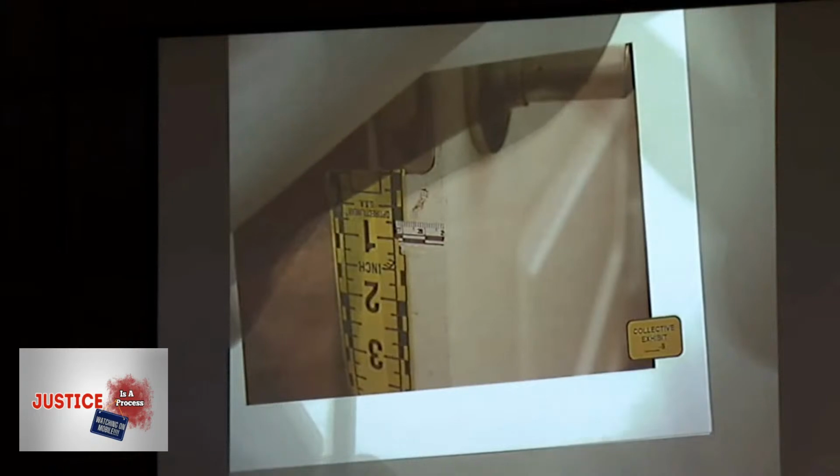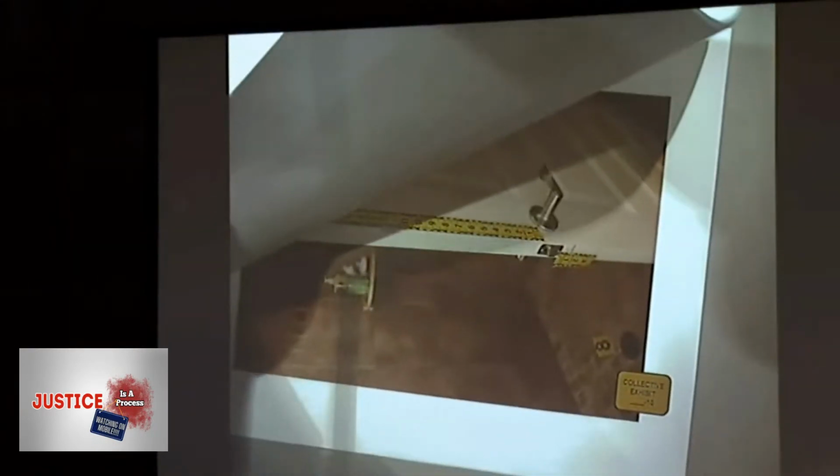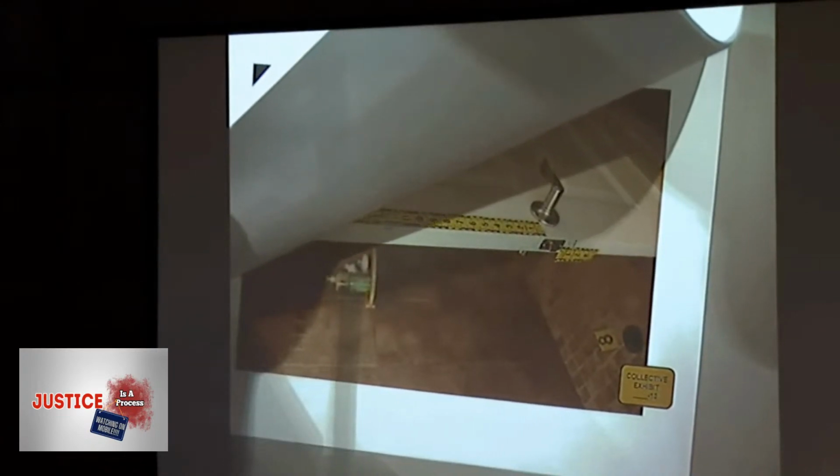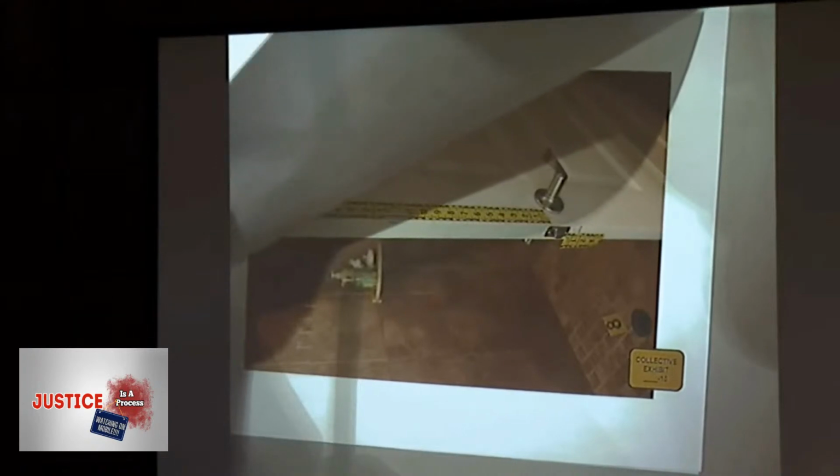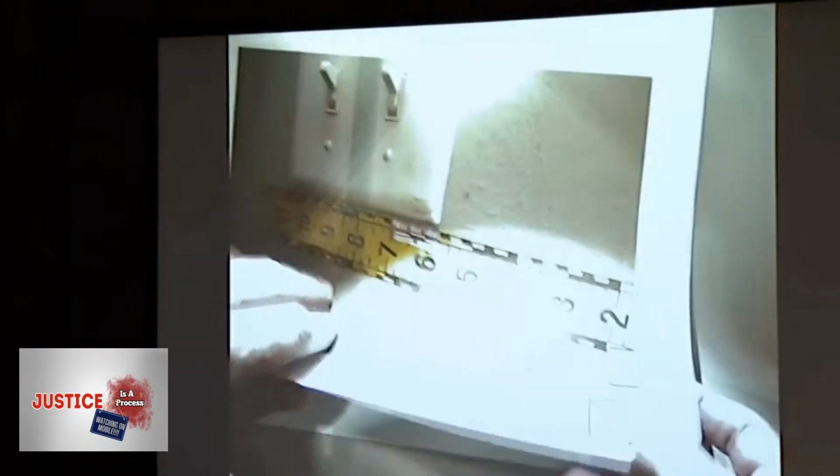I don't know. As a crime scene investigator, it's not up to me what gets tested and what doesn't get tested. My job is to collect and document the evidence. Okay. And who makes the determination of whether or not to get it tested? It would be the detective in charge of the scene.